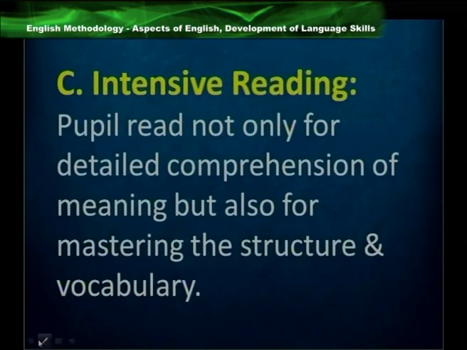Next one, we are reading in the form of intensive reading. In general, the pupil reads not only for detailed comprehension of meaning but also for mastering the structure and the vocabulary. This process makes the individual read thoroughly, with understanding, with comprehension. Once the learner reads the textbook, for what purpose?